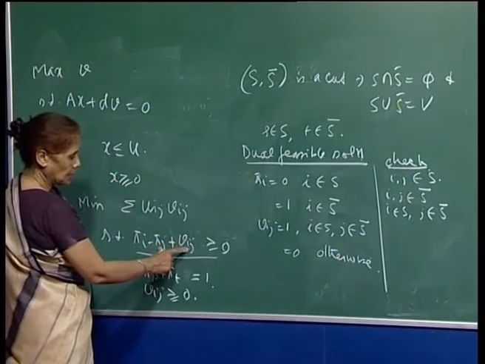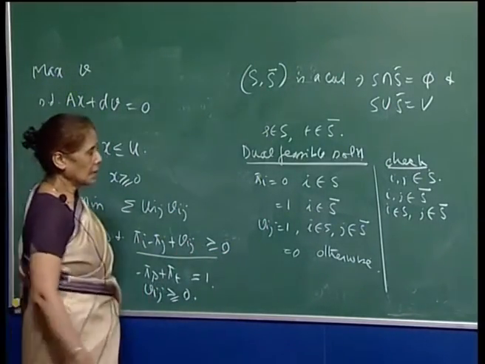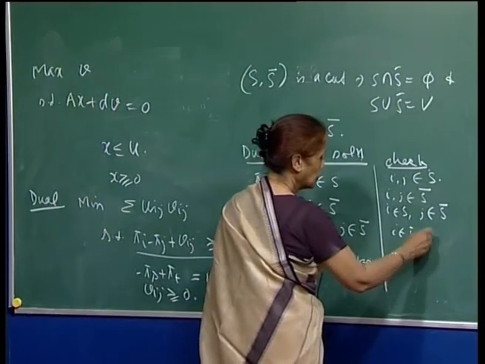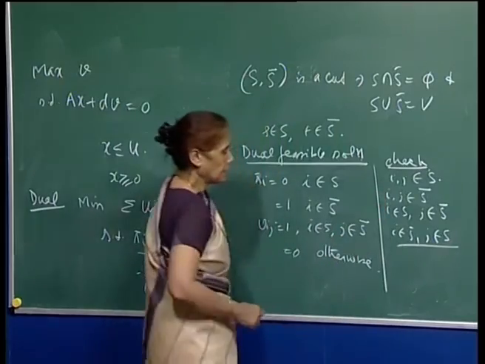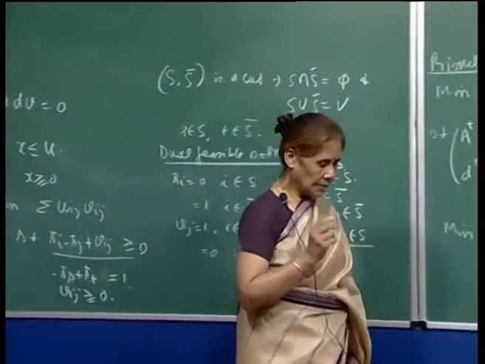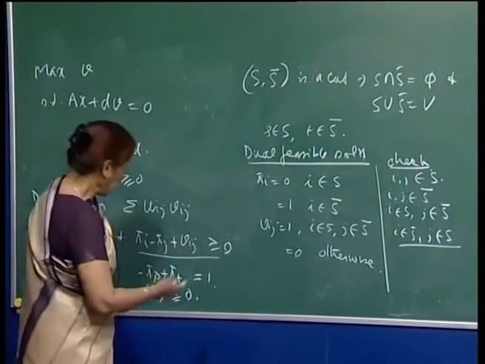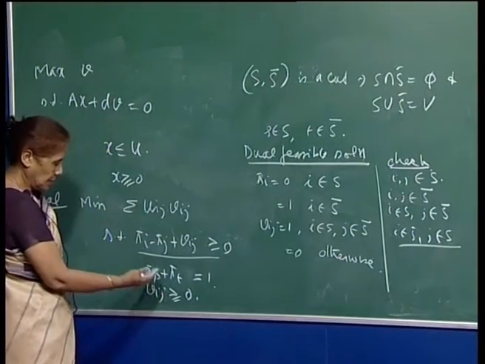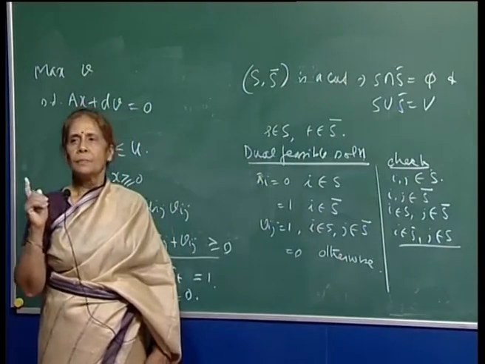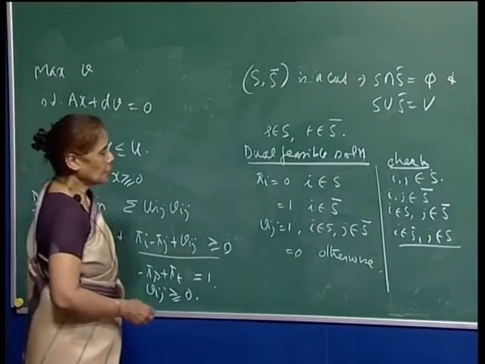Again the sum is 0, and so this constraint is satisfied, and this is non-negative. Then the final case, when i belongs to S bar and j belongs to S, you can also verify. Therefore, what we are saying is that there may be many other feasible solutions, I am not denying that, but basically all cuts are feasible solutions here.